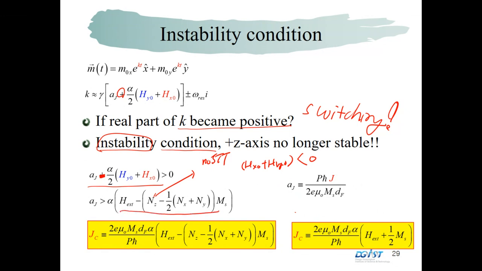So in this term, we can find the external field when they have the same two.